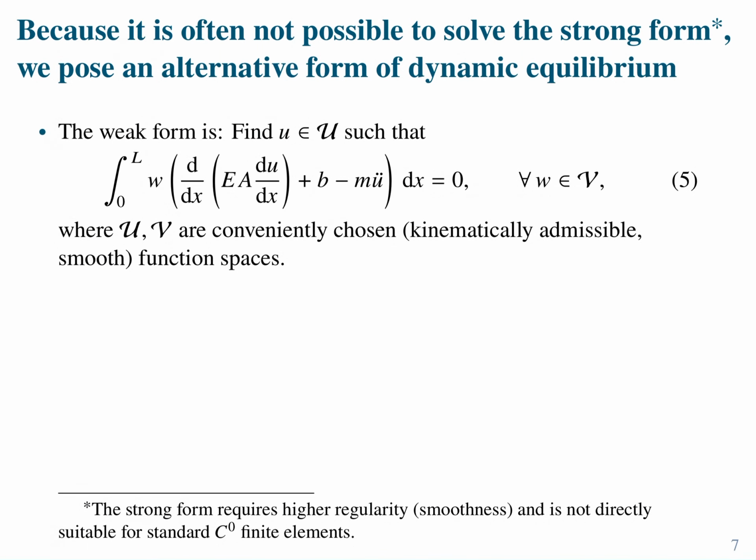So let's talk about that. So I write here, because it is often not possible to solve the strong form, we pose an alternative form of dynamic equilibrium. In fact, it says the strong form requires higher regularity, smoothness, and is not directly suitable for standard C0 finite elements. Well, if you think about finite element analysis, we are normally using linear or at best quadratic finite elements, right? Say we take linear elements.